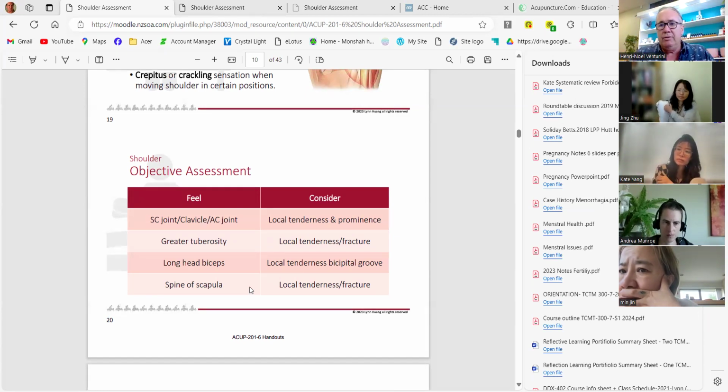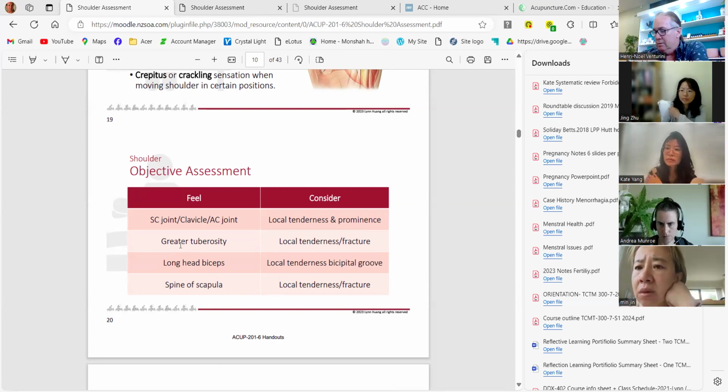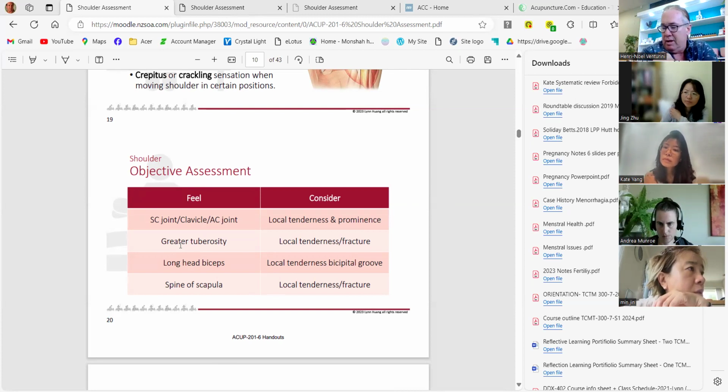Anybody else? If you don't know the names, you know what a greater tuberosity is, right? The greater tuberosity is the head of the joint, just there.